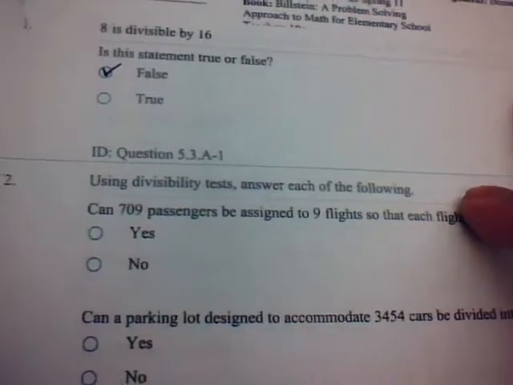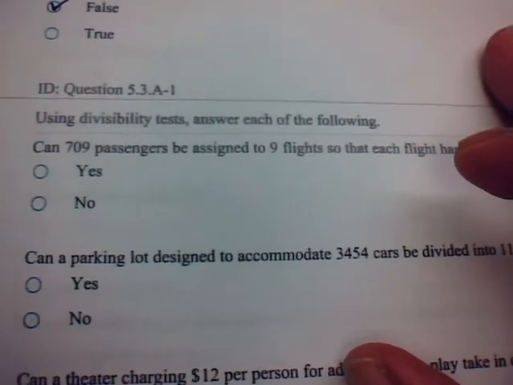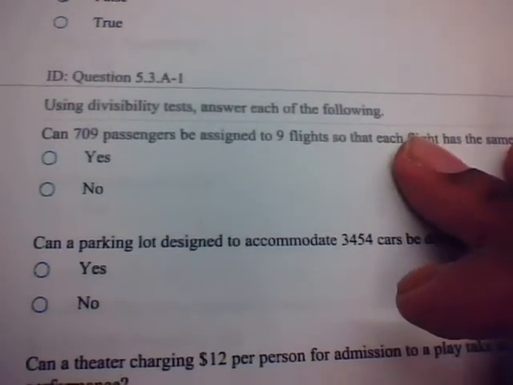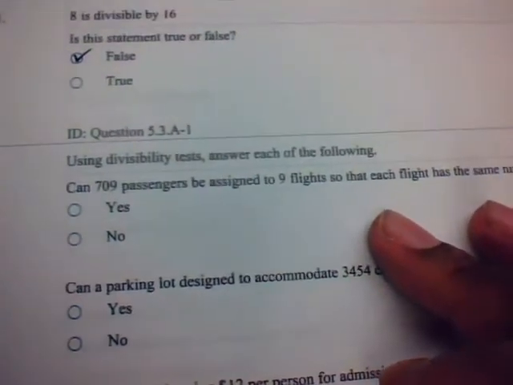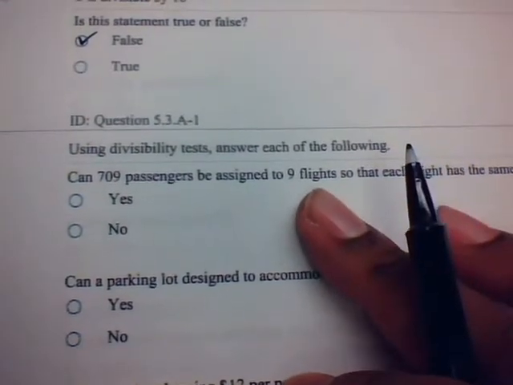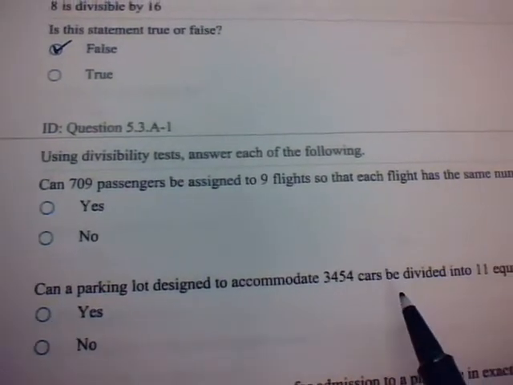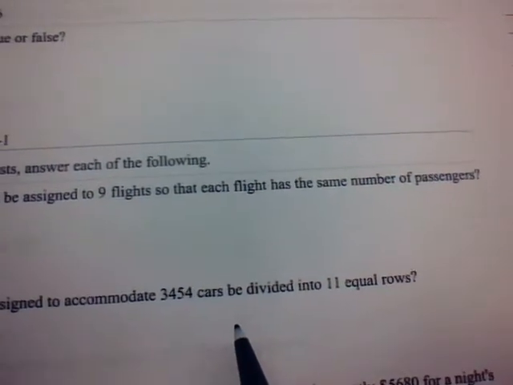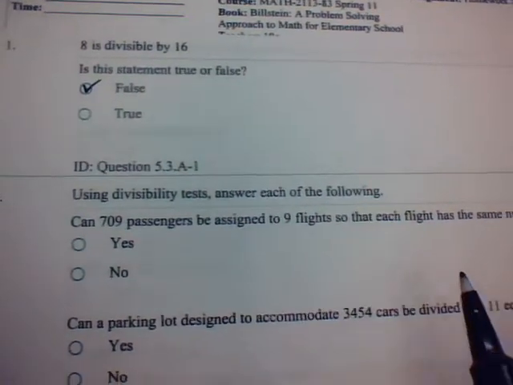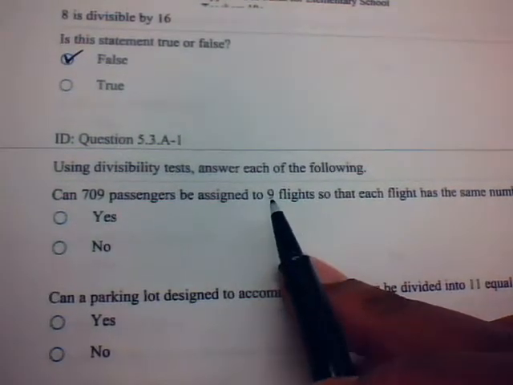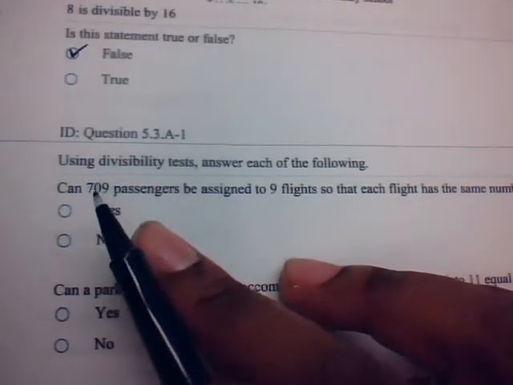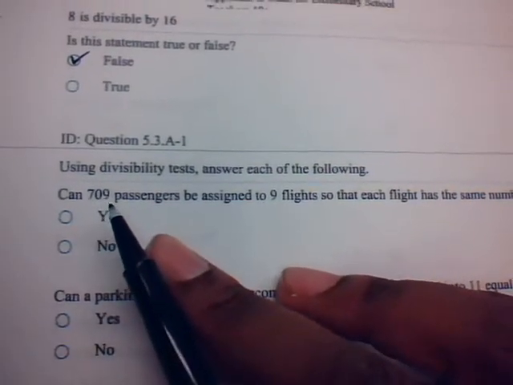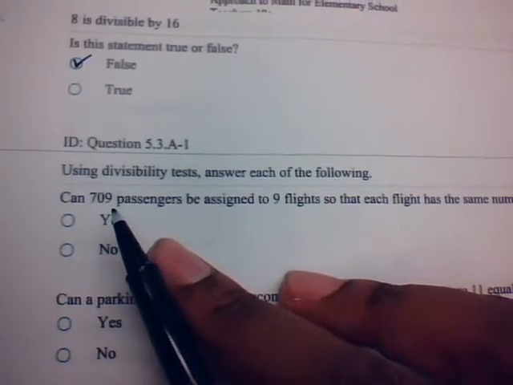All right, number 2 is to use the divisibility test to answer each of the following. Let's say in this problem here, can 709 passengers be assigned to 9 flights so that each flight has the same number of passengers? Well, there is a divisibility rule for 9. That means that the sum of the digits in 709 must be divisible by 9.